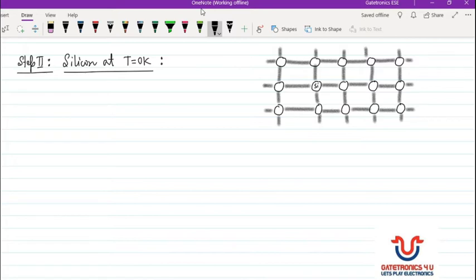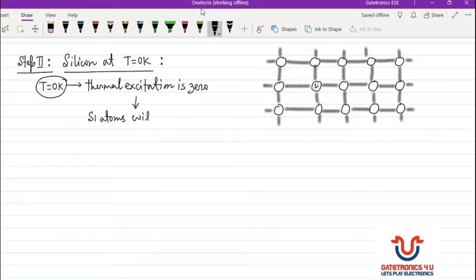Now, since the temperature is at 0 Kelvin, there is no thermal excitation on the silicon material. Since there is no thermal excitation, the silicon atoms will not vibrate. That is, no agitation of the atoms will take place.